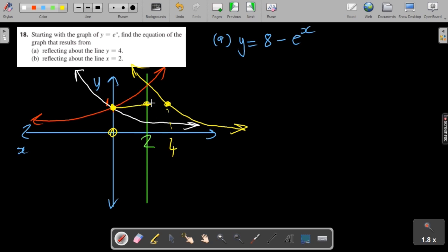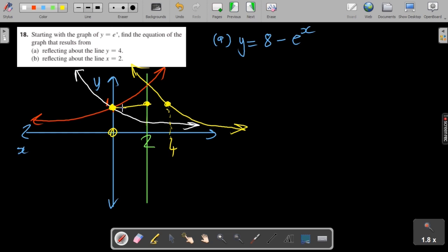The distance between the mirror, which we are reflecting about, and each of the images has to be the same. So if the distance from the original, the red one, to the green line is 2, then the distance from the green line to the new position, a reflection about x equals 2, also has to be 2. So that would mean that that point there is 4.